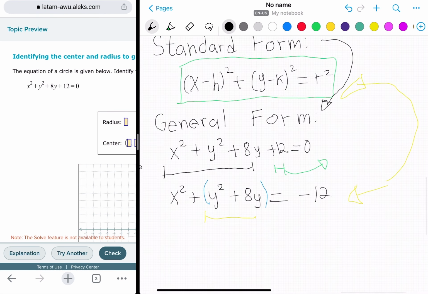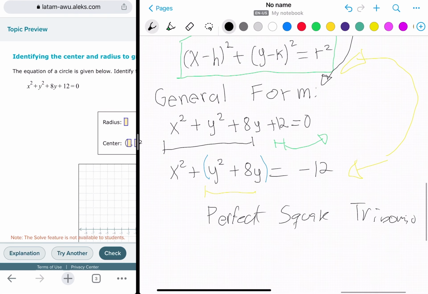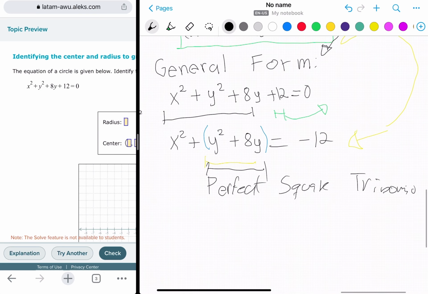How can I force a factorization here? Well, I will add another missing number to get a perfect square trinomial. Because I know that whenever I have a perfect square trinomial, I can factorize it. So what I want to force is to have a perfect square trinomial here. To do that, what I will do now is complete the square.